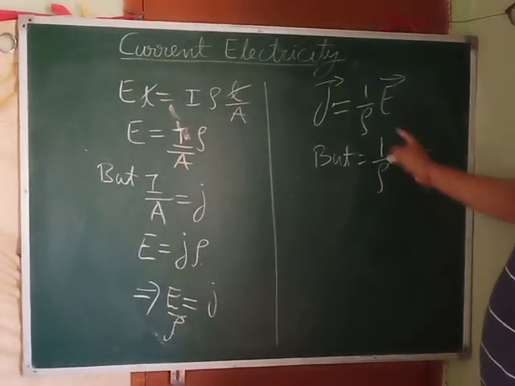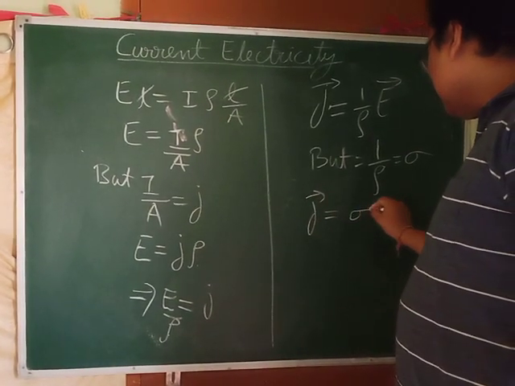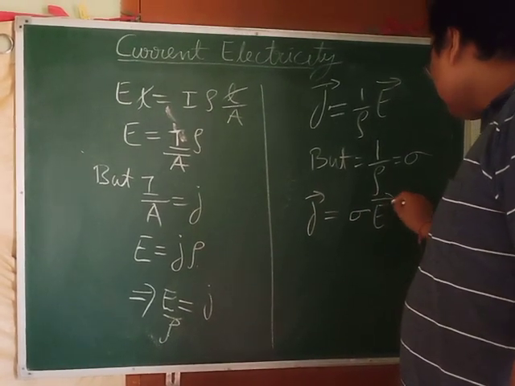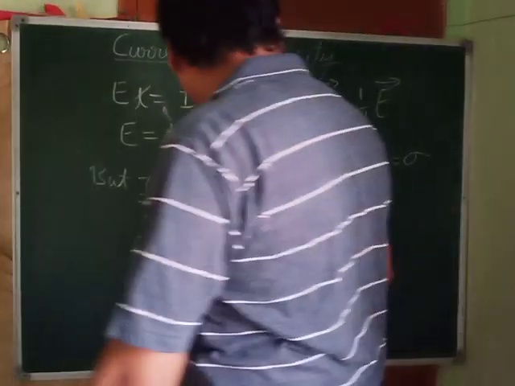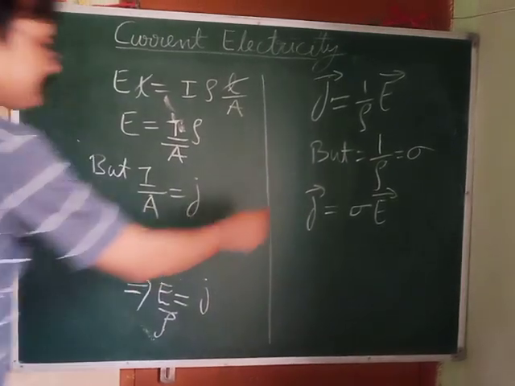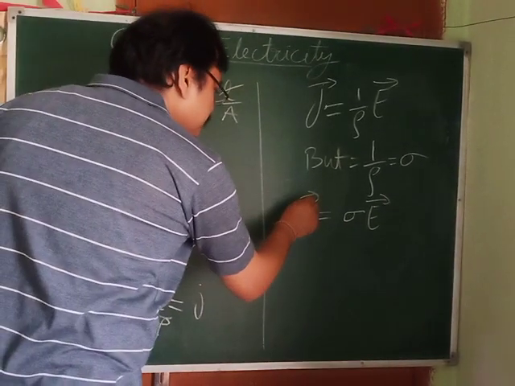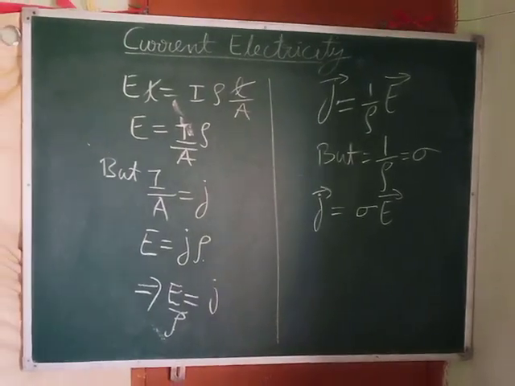So we can put it here. You will get J is equal to sigma E. This is the final relation. You can note it down. Okay, got it?